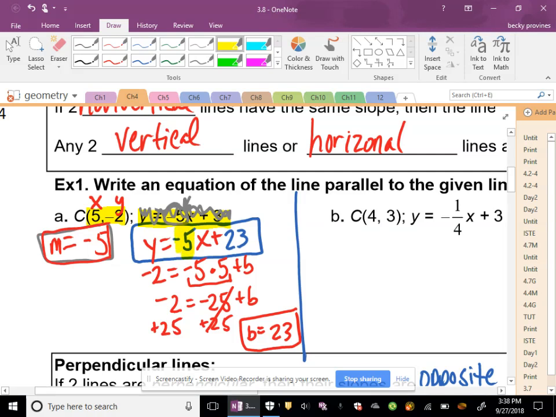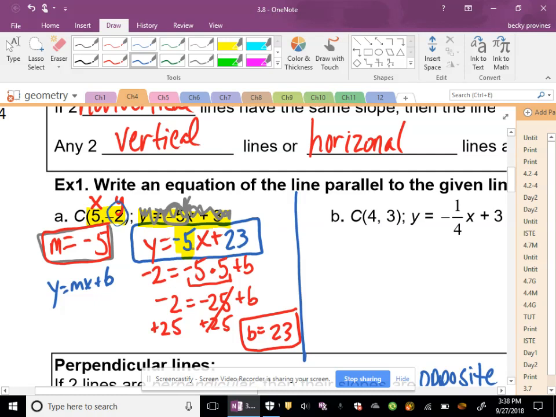But here's the thing, it will have a new intercept, so you have to do some work to find it. I'm using y equals mx plus b, and I'm going to plug in x, y, and m and solve for b, which is my y-intercept. My y value, I look up at the coordinate, is -2.